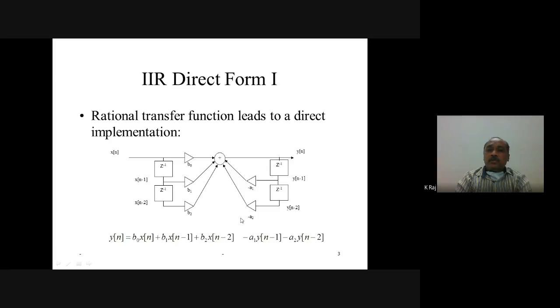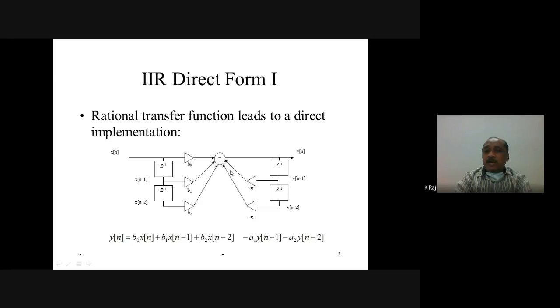Similarly, for the second term, minus a1 y(n minus 1) minus a2 y(n minus 2), we select y(n) and delay it by 1 unit, so we get y(n minus 1), which is multiplied by the coefficient minus a1. If we introduce one more delay, we get y(n minus 2), which is multiplied by minus a2.